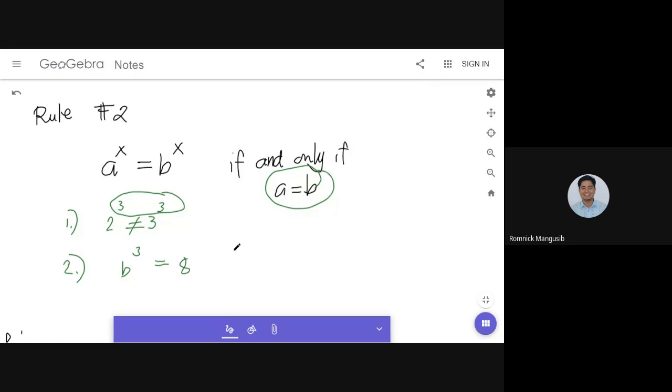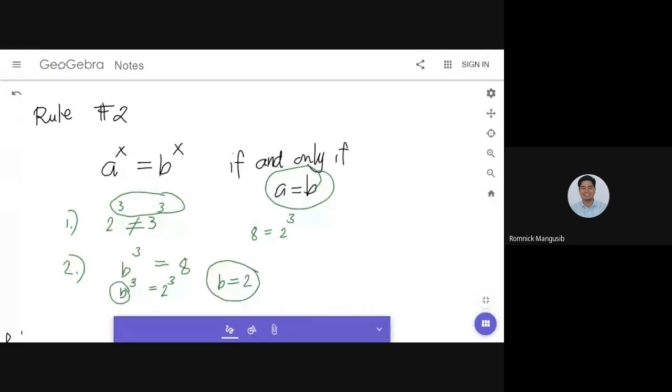Ngayon, may kakayahan bang magre-write ang 8 such that its exponent is 3? Tandaan mo, ang 8 ay 2 raised to 3. Therefore, b raised to 3 is equal to 2 raised to 3. Your b now is equal to 2. So, pag pinalitan mo ang b ng 2, pareho na sila. 2 raised to 3 and 2 raised to 3. Okay?